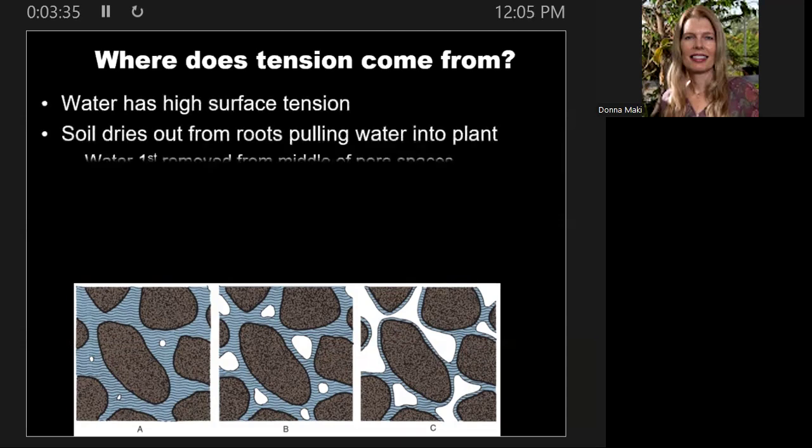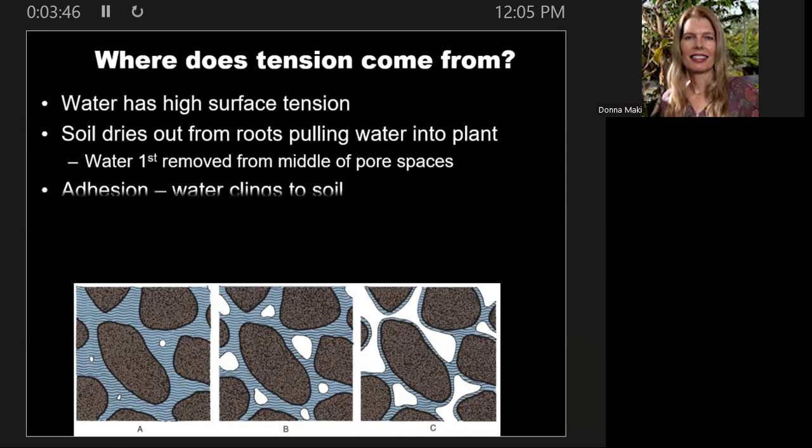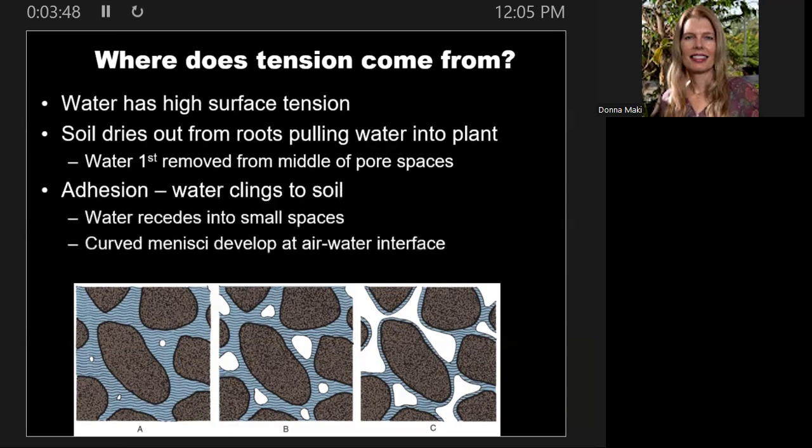So we went over this last time, how you have to remember that water has a high surface tension. At the air-water interface, you have a really quite decent surface tension. And so as you get the water drawn away from the bulk water in the soil, you're left with receding water molecules in tighter crevices and cracks and nooks and crannies.